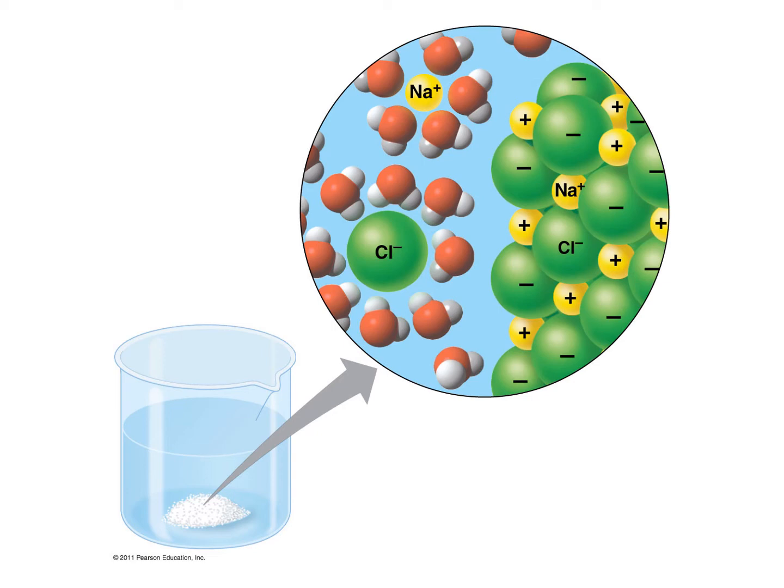So the partial positive ends, the hydrogen end of water molecules, will surround the negatively charged chloride ions, and the relatively negative oxygen ends of water molecules come to surround the sodium ions. We call this a hydration shell, this sphere of water molecules that surrounds the ions, keeps them in solution, and prevents them from reforming an ionic bond. So biologically important things dissolve well in water because of the polarity of water.